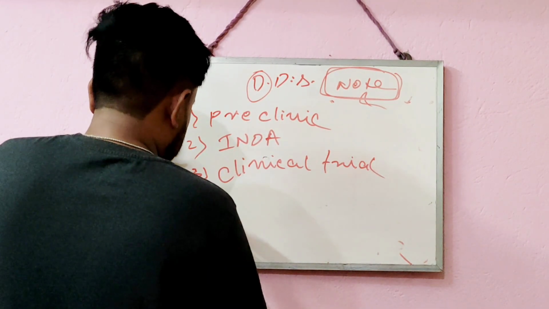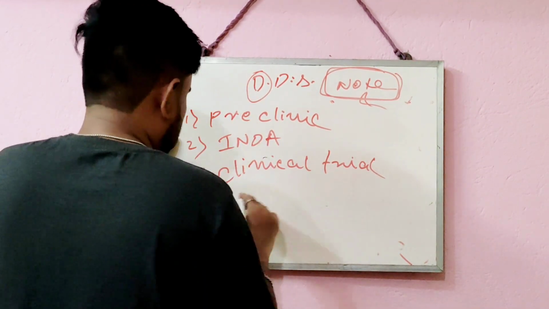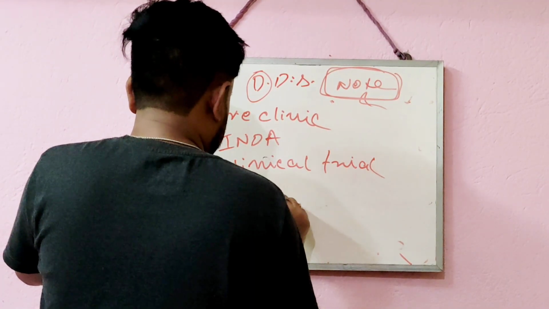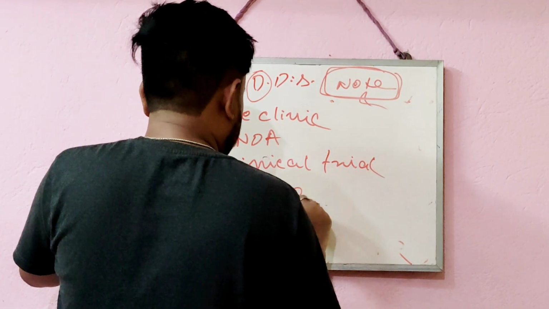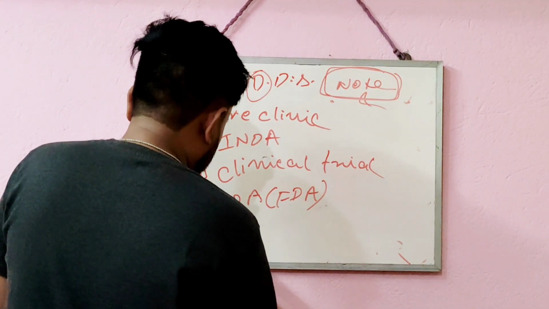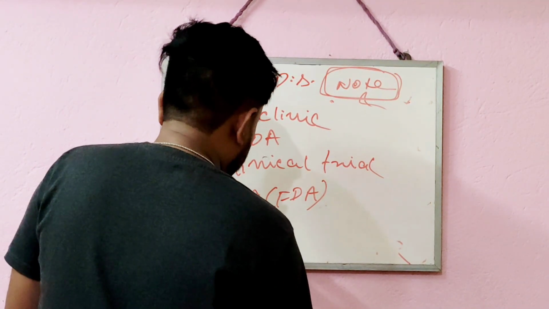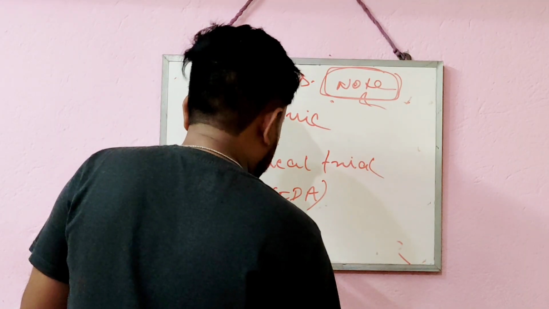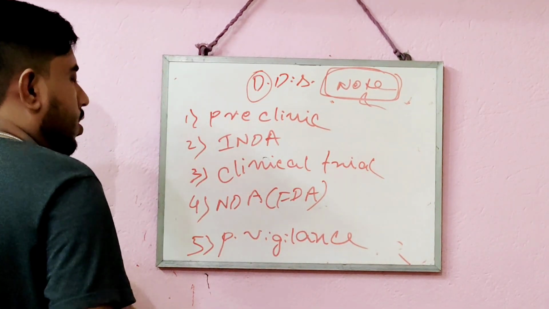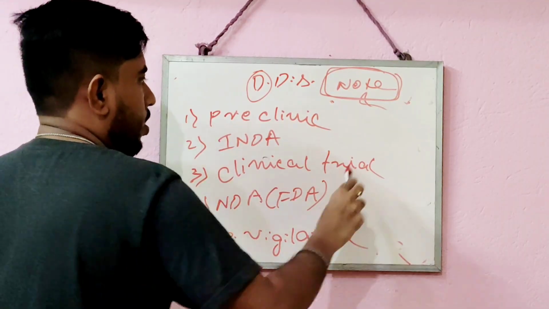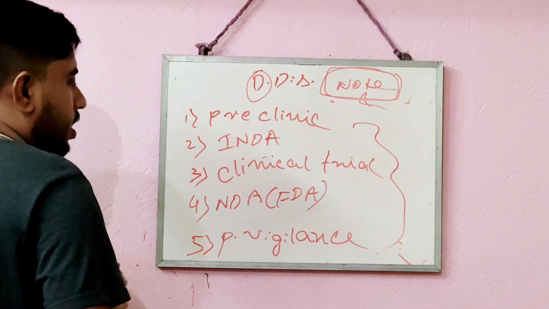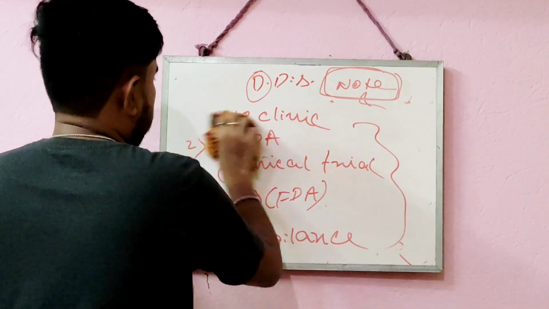Fourth is new drug application, which is generally done by the Food and Drug Administration. And the fifth and last part is pharmacovigilance or post-marketing surveillance. All those steps come under drug development, and I am going to discuss them in the next slides.